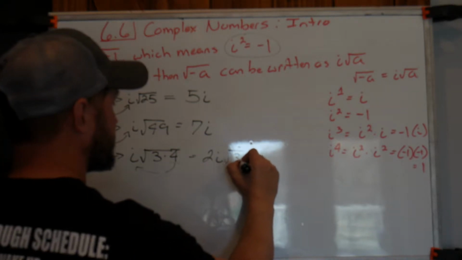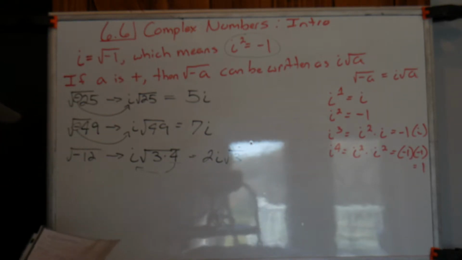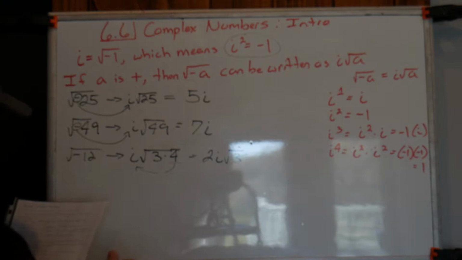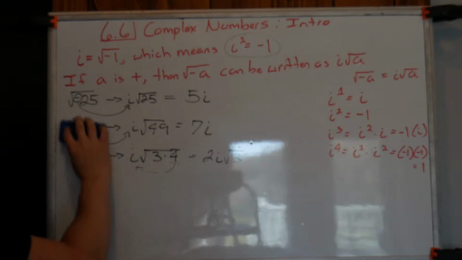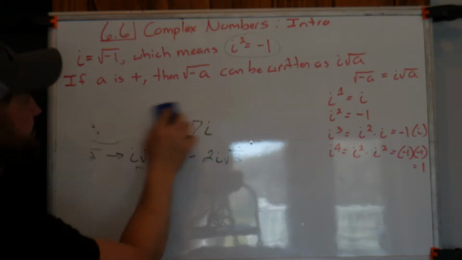I'm left with the square root of 3 inside. Those are the ones to really look at. If it's a prime, we can just pull out a negative. If we see a negative, we pull it out. So the whole idea here, if we see a negative, pull it out, make it an i, and then focus on the positive numbers left over. I would just pull it out right at the beginning to avoid any confusion.